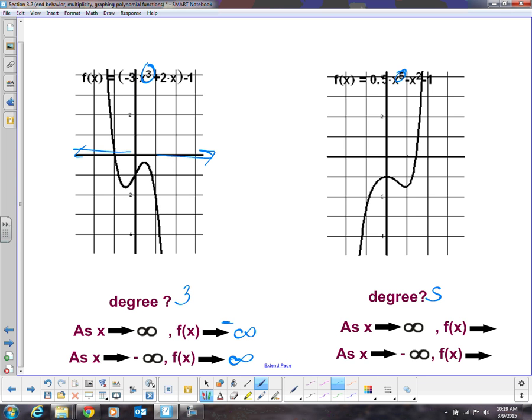Nobody called me on that. As x goes to the right forever, what are the y's doing? As x goes to the left forever, what are the y's doing? Now what's happening? They're different. What's the degree? Odd. Okay, so let's look at the next one.